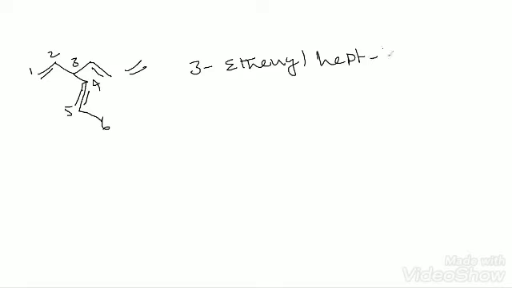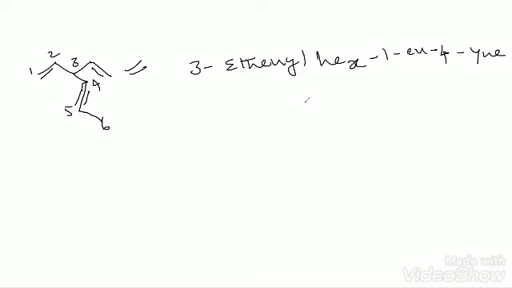Hexa-1,4-dien-... sorry, 4, 9. 6 carbons, hexa, 1-ene, 4, 9. Okay.